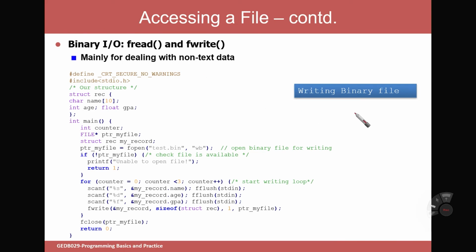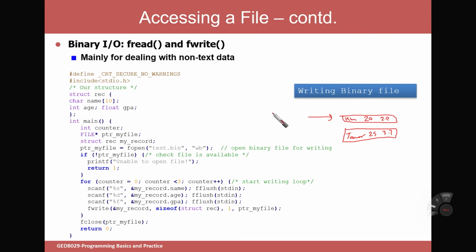So, first record, for example, Kim, his age is 20, and his GPA is 2.9. And then another record, for example, Tamer, age 25, and then 3.7, and so on. So you want to insert into the file structure by structure, row by row, one shot.